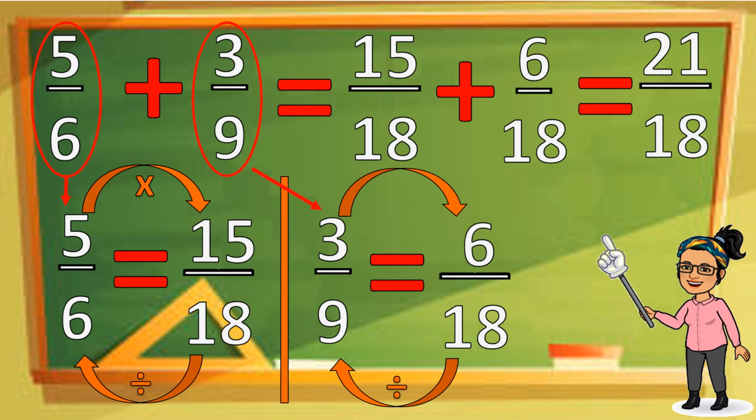Is 21 over 18 in its lowest term or simplest form? Okay, very good. It is not yet in its lowest term, so we have to simplify. Let's simplify 21 over 18. To change 21 over 18 to its simplest form, we have to make this a mixed number.